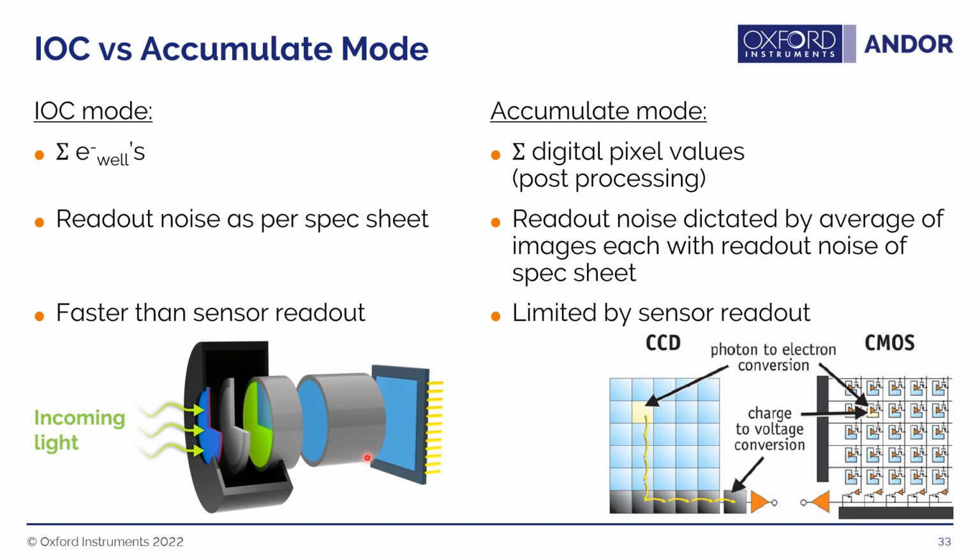You don't want an integrate on chip that happens for such a long period of time in between these shots that the dark noise becomes the important source of noise. So in the case of shots very far separated in time, you would always choose accumulate mode.